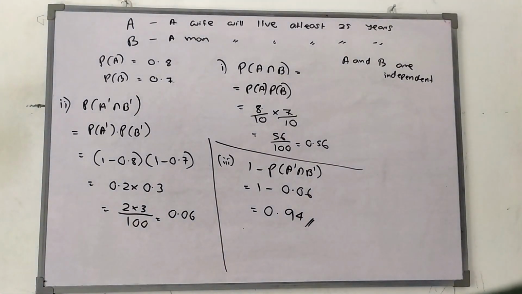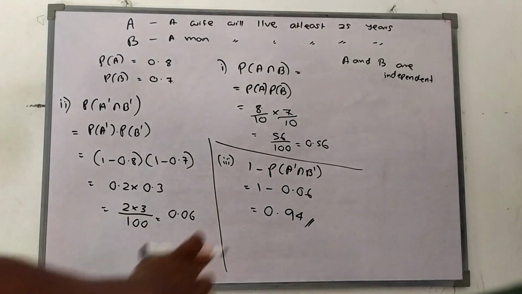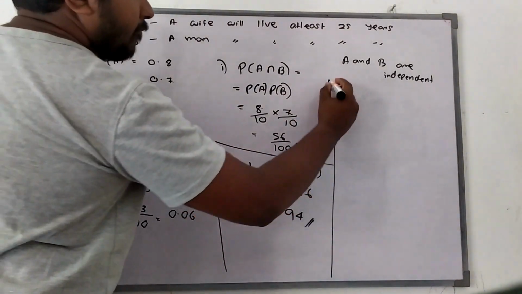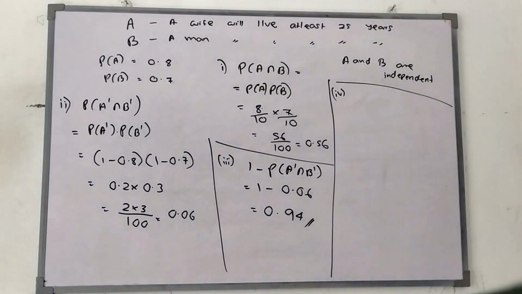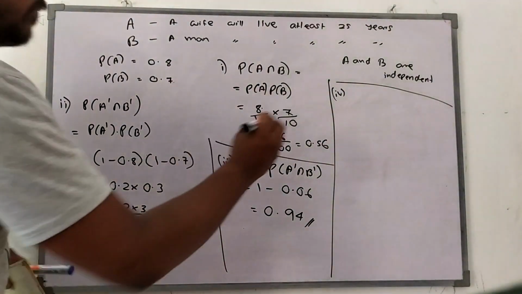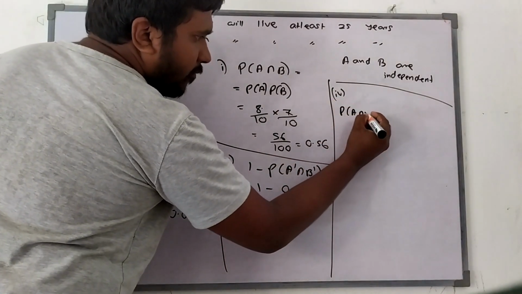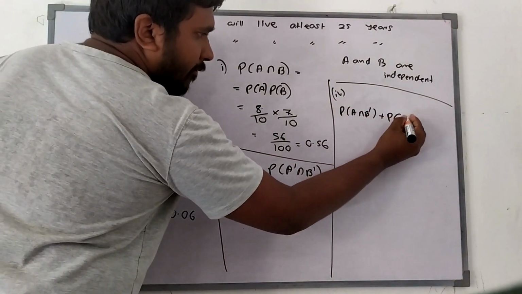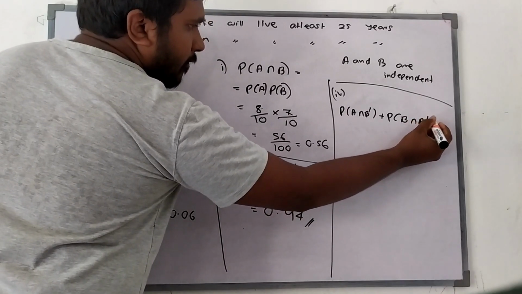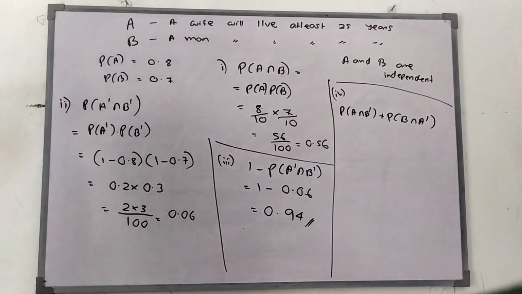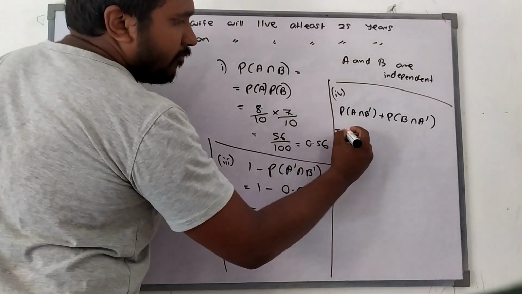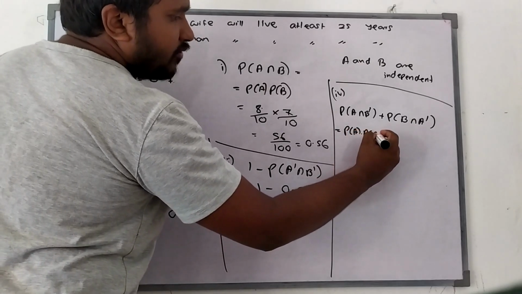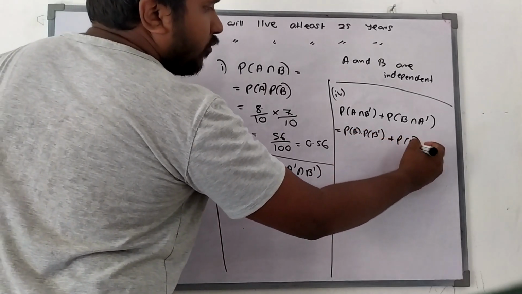The fourth one, exactly one. What is exactly one? It can be this way: A lives, not B, or B lives, not A. So these are P(A) into P(B dash), plus P(B) into P(A dash).